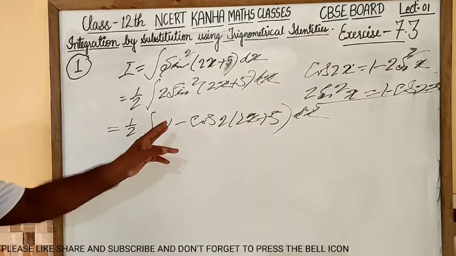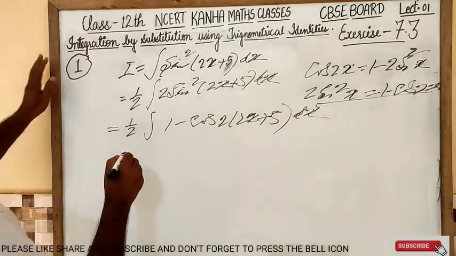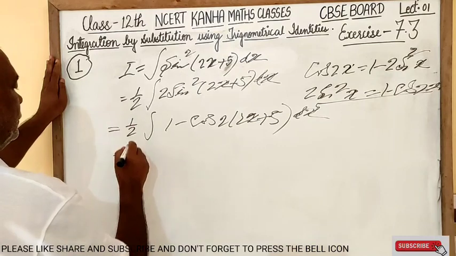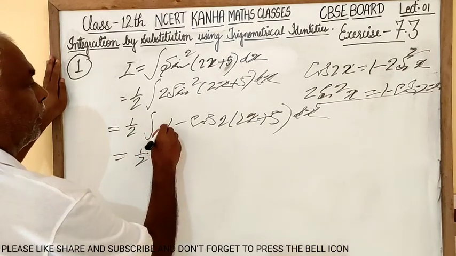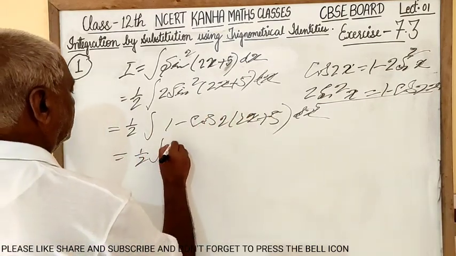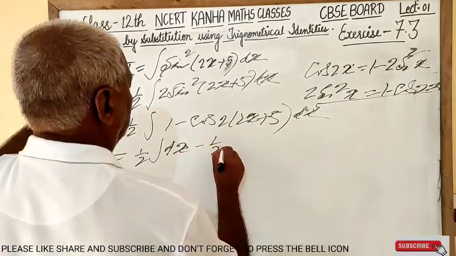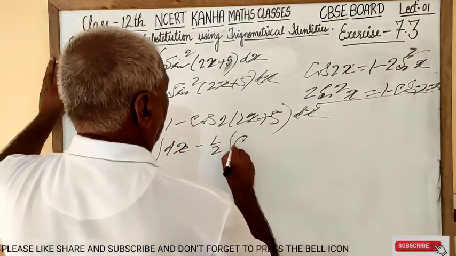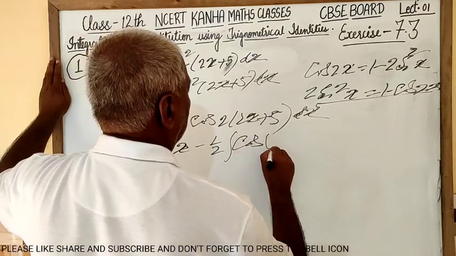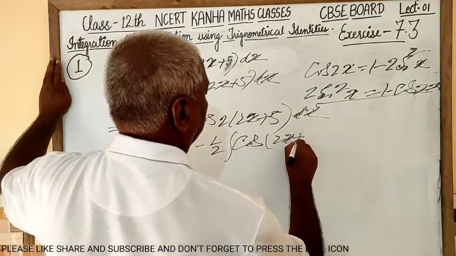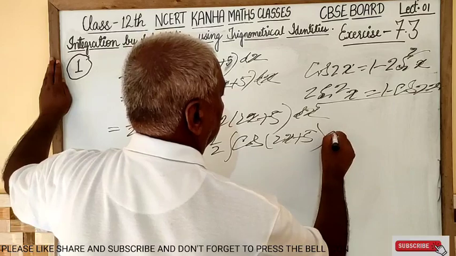If we bifurcate this integral into two integrals, this will be equal to 1 by 2 integral 1 into dx, means dx, minus 1 by 2 integral cos 2x plus 5 dx.